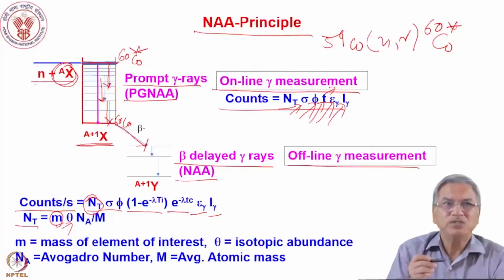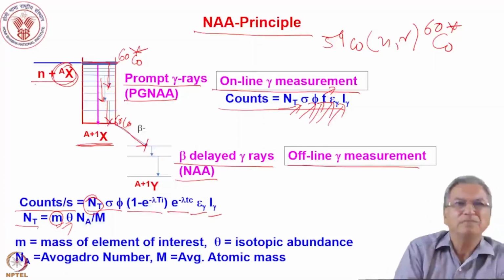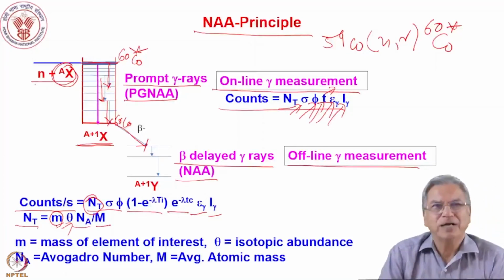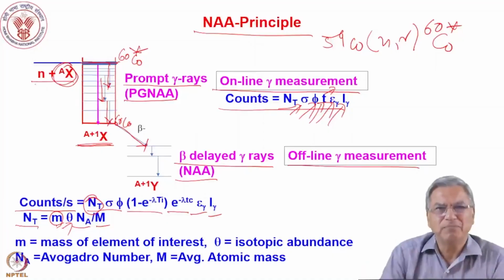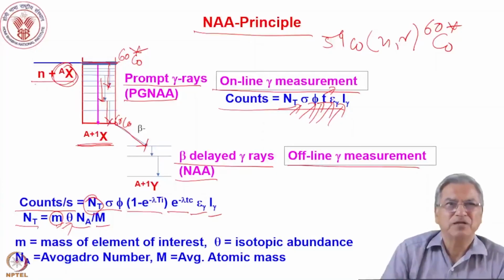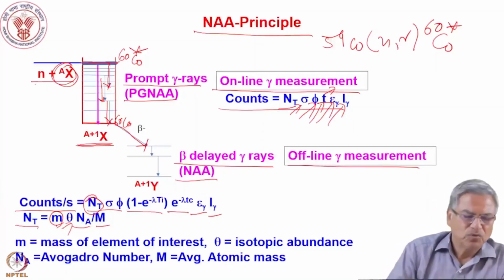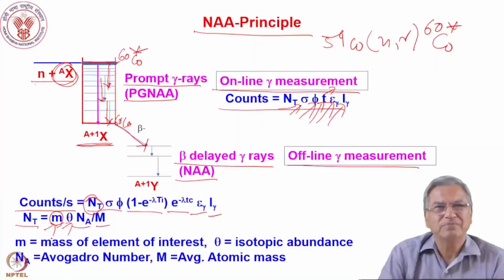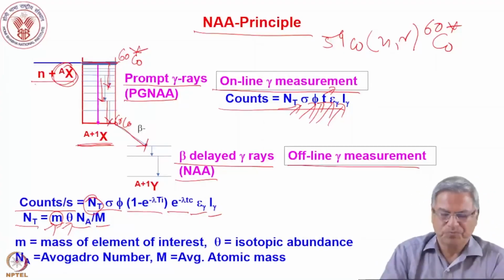So the abundance of that particular isotope is theta, then Avogadro number, and the atomic mass. If it is a multi-isotopic sample, then the average atomic mass will be different from the mass number. And so what you can determine is the concentration, M. M is the parameter of interest to you.